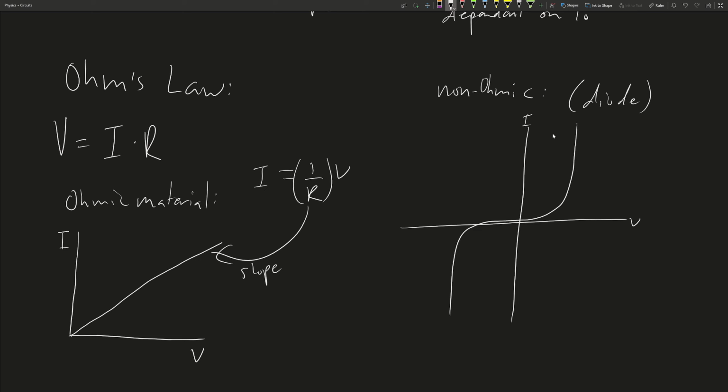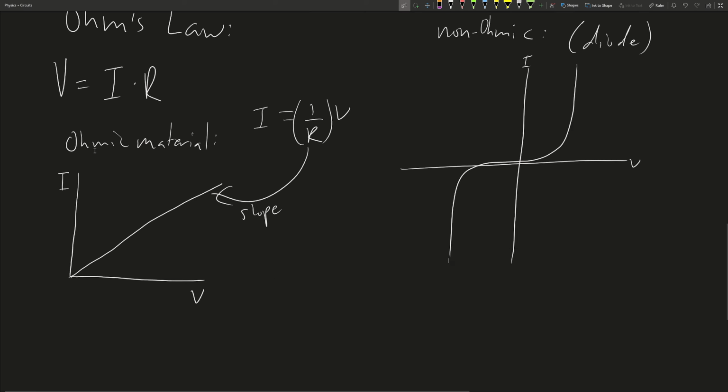A diode is a semiconductor-based circuit component, and basically it should only allow current to flow in one way, but what I drew here is similar to an ideal diode. But for a diode, at small voltages, there's almost no current flow, and then suddenly the current flow increases really fast. And so same thing in the negative direction. But this obviously isn't a straight line, and so this isn't an ohmic material. It doesn't follow Ohm's law.